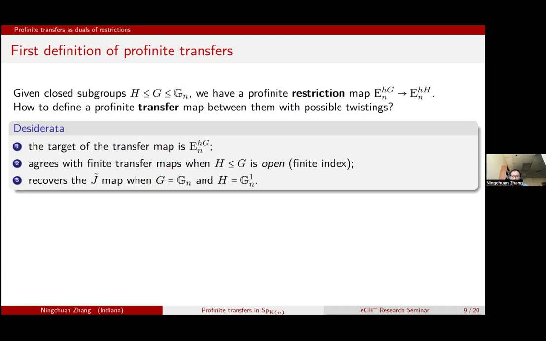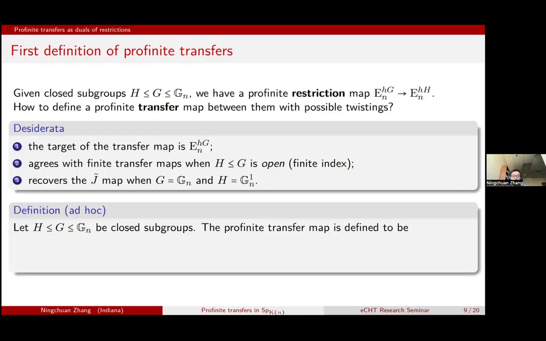Those are all our wish list. By transfer, of course, we want to flip the direction of the map, while keeping the target still to be E_n^{hG}. So there's a very natural, naive proposal, that is, let's just take the dual of the restriction map. And since we want to keep the target to be still E_n^{hG}, let's just take the dual in the category of K(n)-local E_n^{hG}-modules.